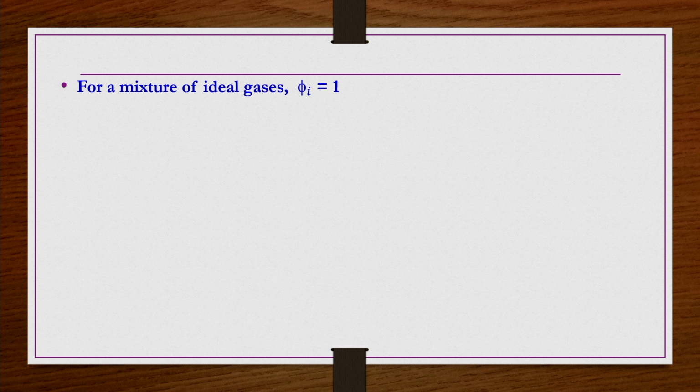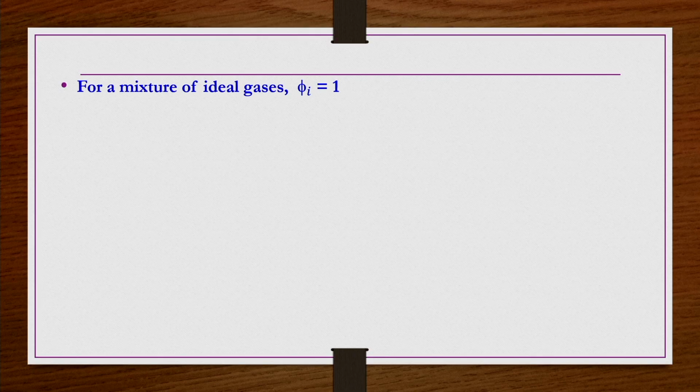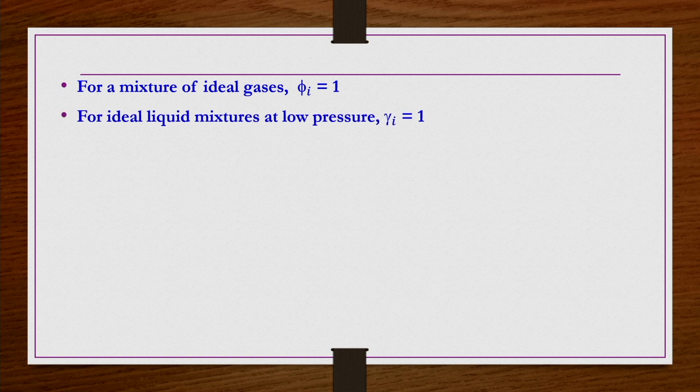For a mixture of ideal gases, the fugacity of any component i is equal to the partial pressure, but the fugacity coefficient is equal to 1. So if ideal behavior is there, the fugacity coefficient should be 1. Similarly, for ideal liquid mixtures at low pressure, the activity coefficient gamma i should also be equal to 1. That means at ideal conditions, both of these are equal to 1.